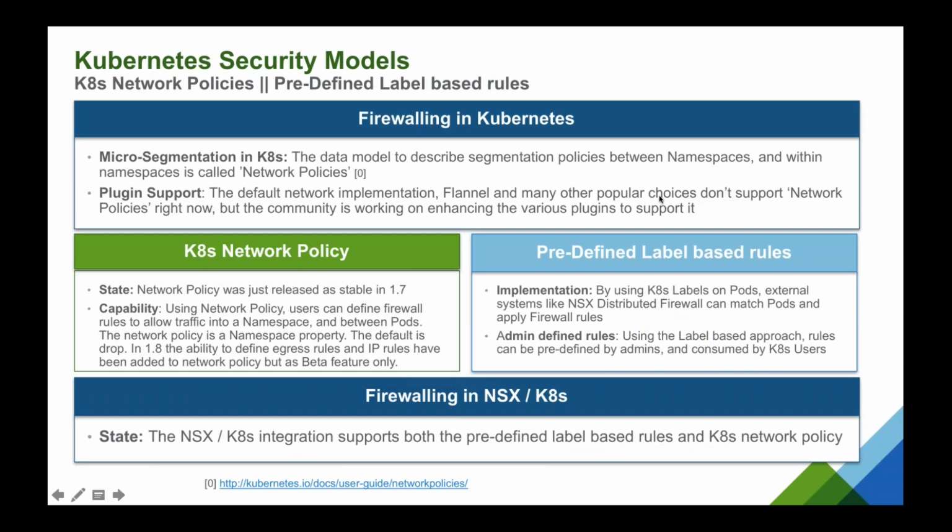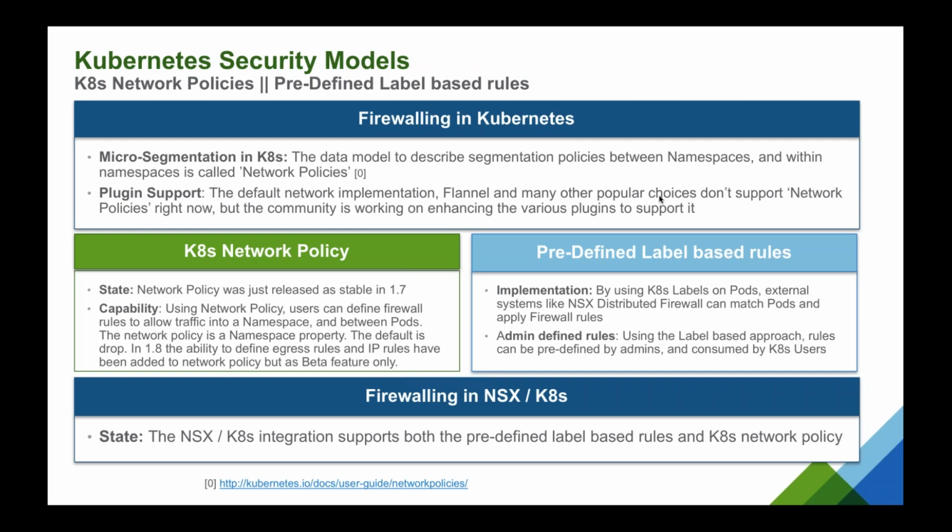Okay, let's talk about policy and firewalling. We have two sets of capabilities. The first one is what I call predefined label-based rules. In this case, we can match on metadata that we see from Kubernetes. If you create your Kubernetes pods or your Kubernetes constructs, you can label them and add arbitrary labels.